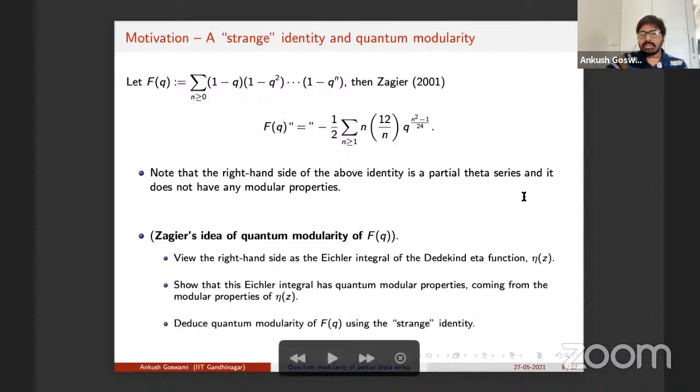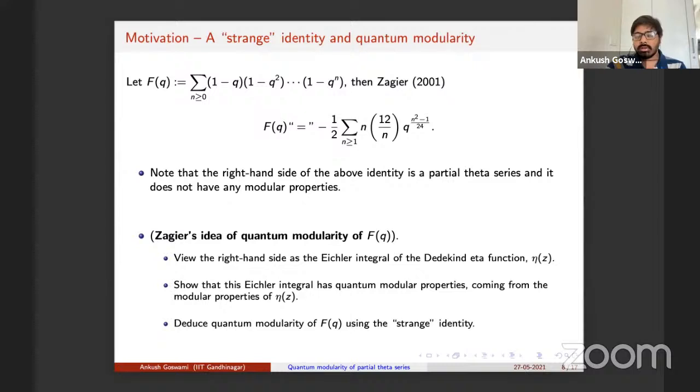And then using the strange identity, he showed that the quantum modular properties of the right-hand side are transferred to the left-hand side, the function f of q. That shows that this function f of q is a quantum modular form. And using this idea, we got the motivation to do our problem, because what Zagier is trying to do is find the quantum modular properties of the right-hand side, which is a partial theta series, and then transfer the properties to the left-hand side via the strange identity.